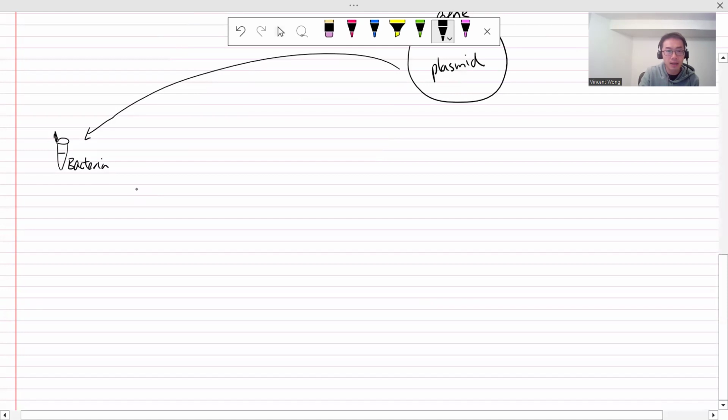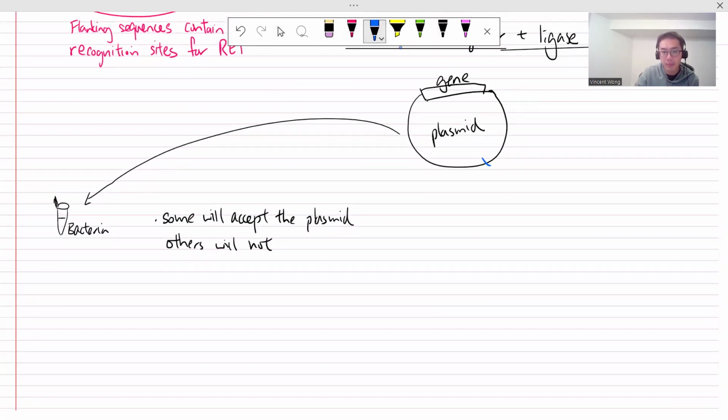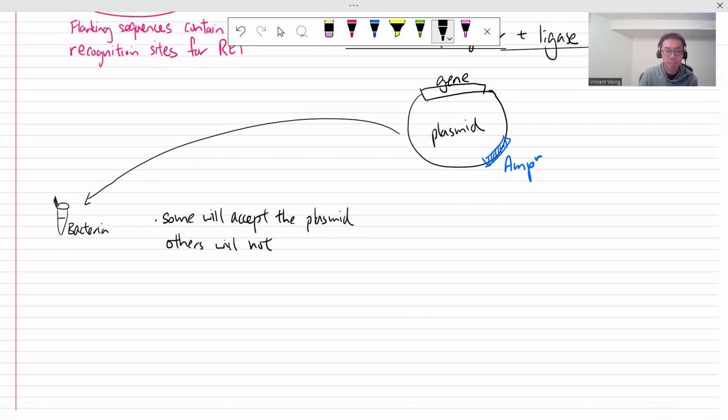Let's say we have the bacteria. Some will accept the plasmid, others will not. And let's say in this plasmid that we were using, in addition to the gene that we have inserted, there is also an ampicillin resistance gene in it. So let's take a look at what happens.